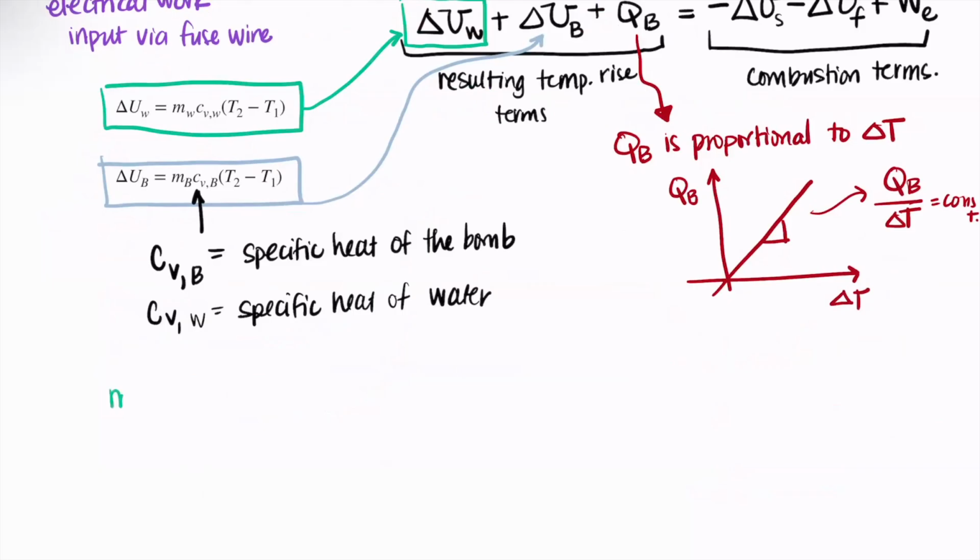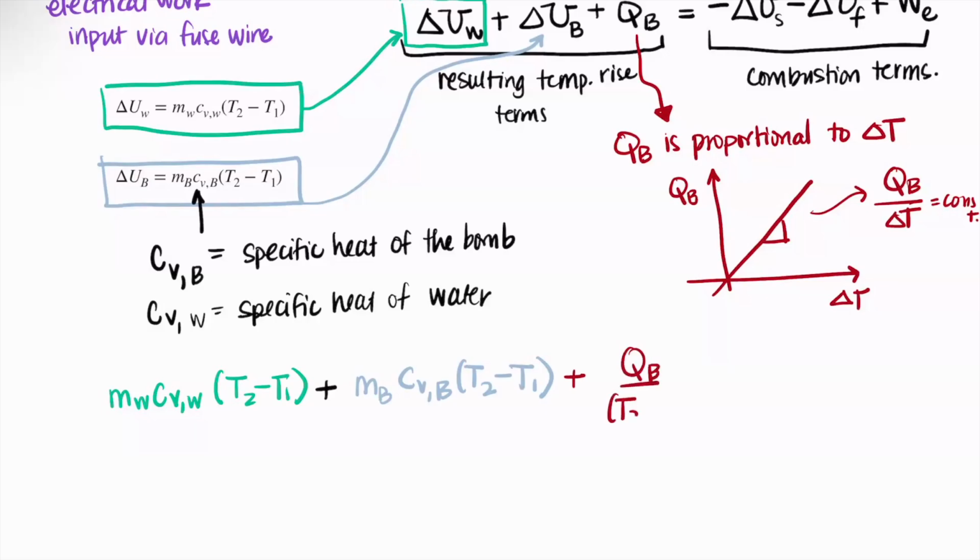So I have the mass of the water times the specific heat of the water times T2 minus T1, plus mass of the bomb times the specific heat of the bomb times T2 minus T1. And then I'm going to write QB as QB divided by T2 minus T1 times T2 minus T1.